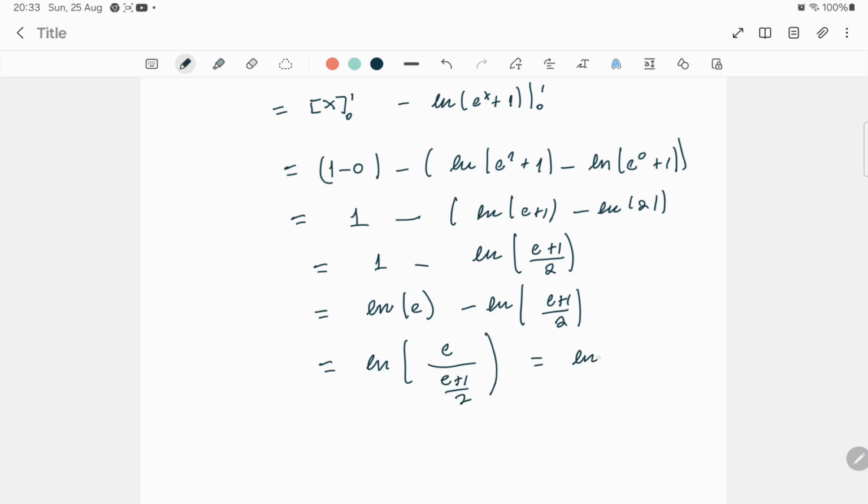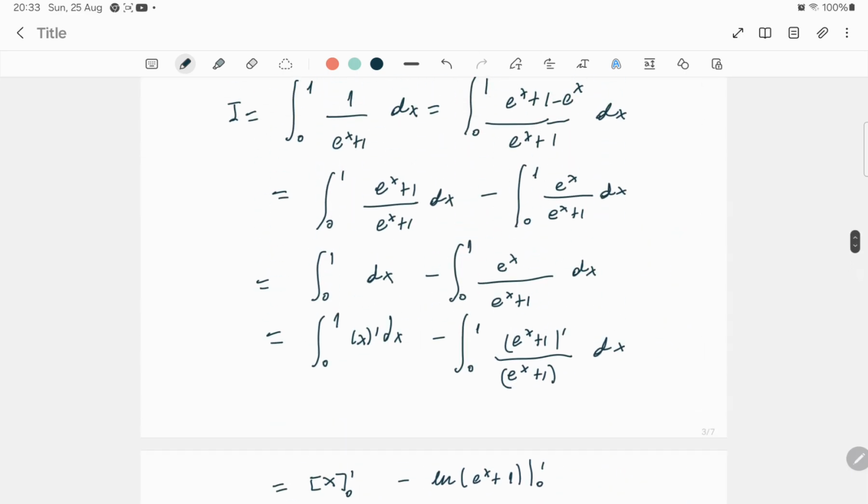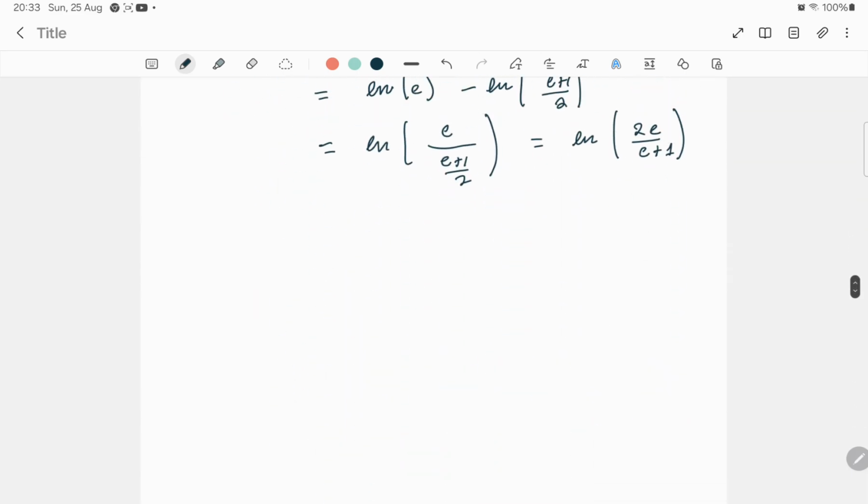So what I get is the natural logarithm of 2e over e plus 1. So I have minus the natural logarithm of 2e over e plus 1, then the integral from 0 to 1 of sine x over e to the power of x plus 1.